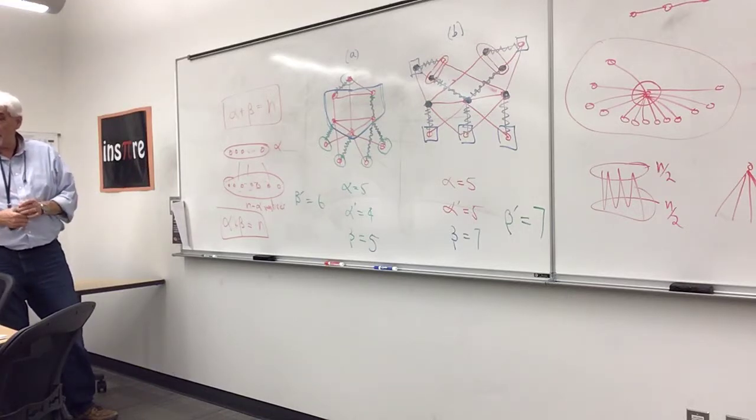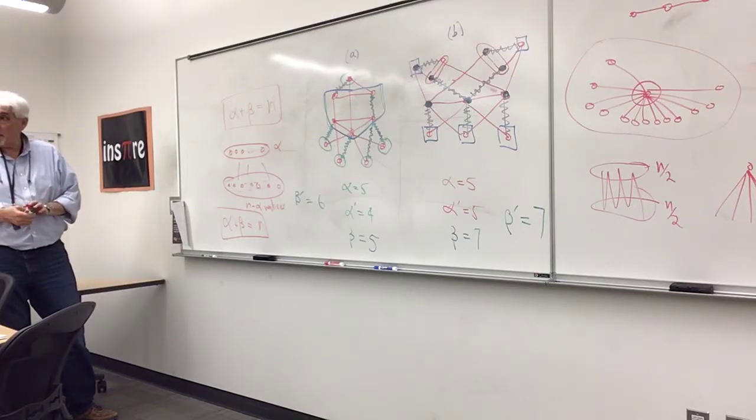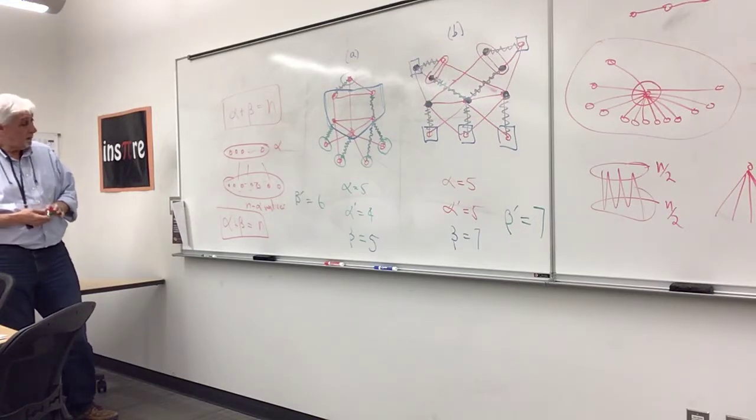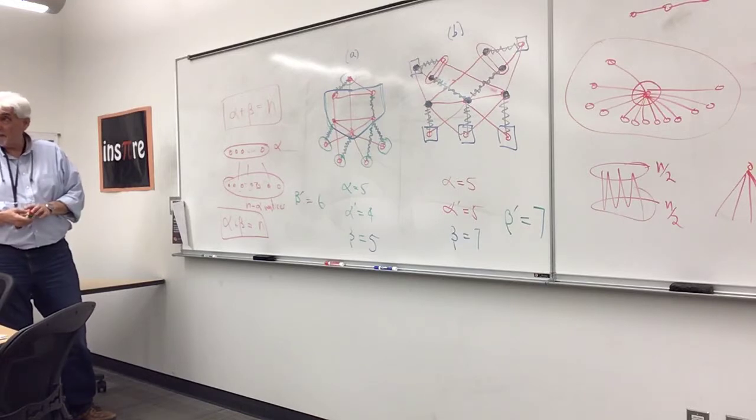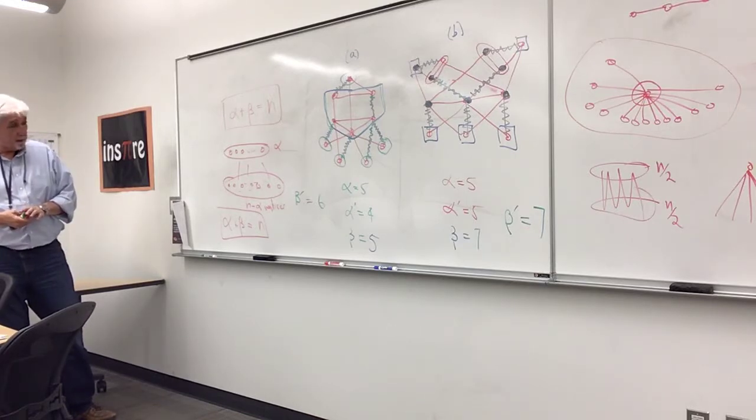Which edges are covered twice? This is not necessarily a bipartite graph. When I say covered twice, I mean both vertices.